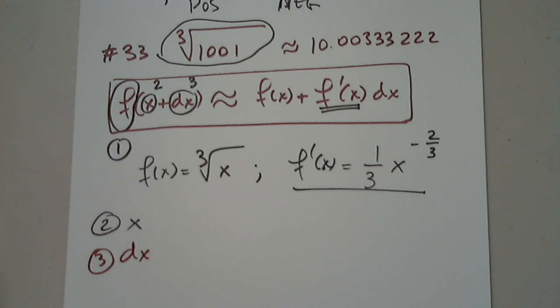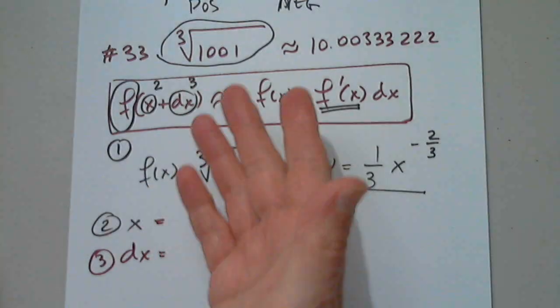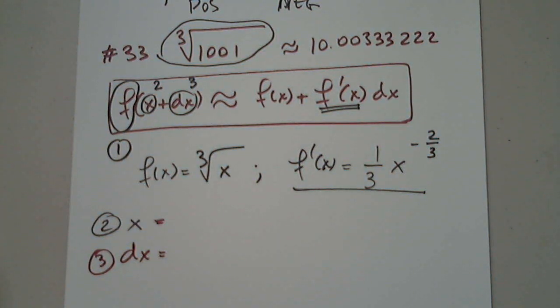So what is 1001? Careful. If x is 1001, then what is dx? dx cannot be 0.